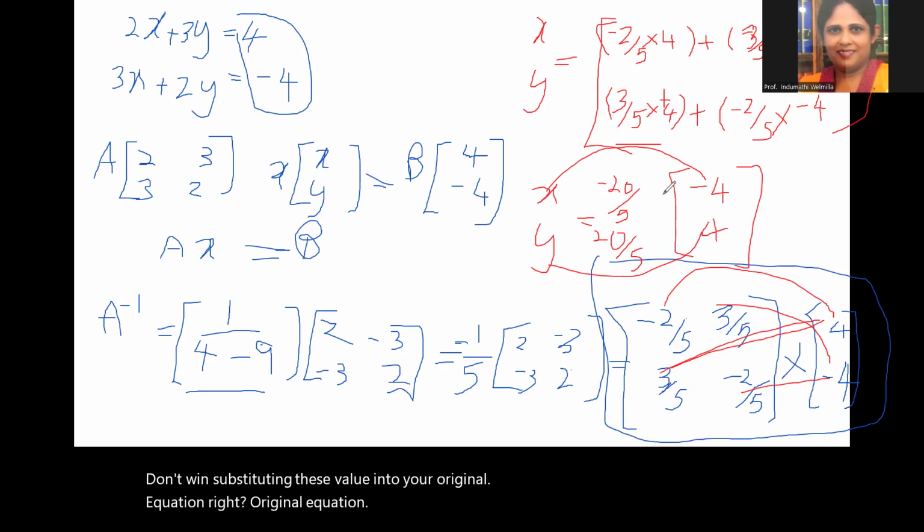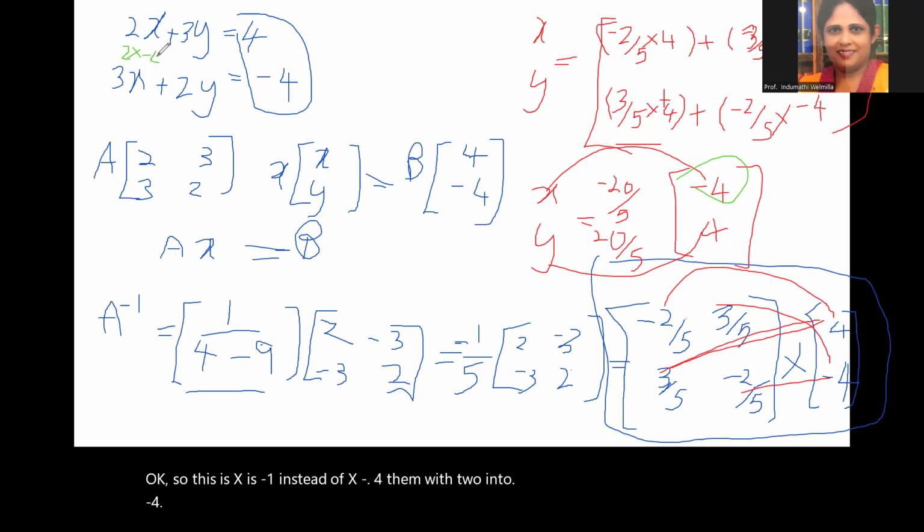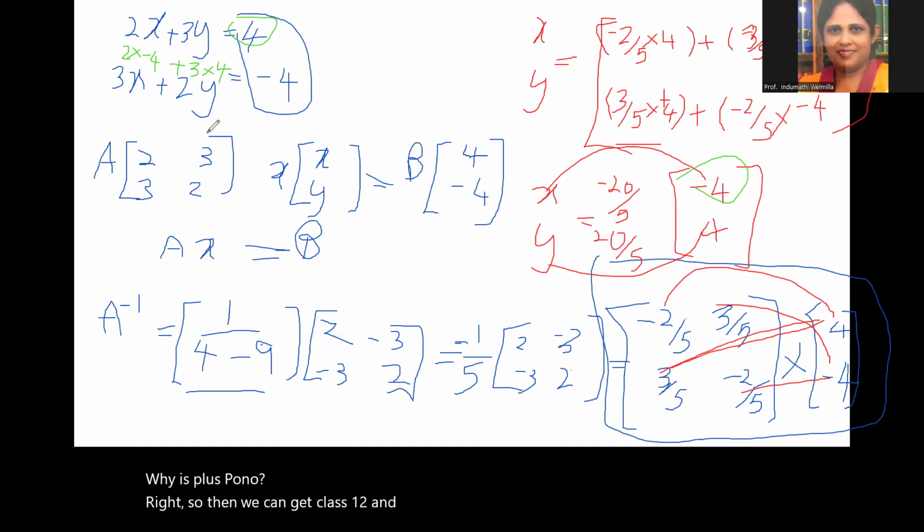So x is minus 4. Instead of x, substituting minus 4, 2 into minus 4 is minus 8, and 3 into y, which is plus 4, gives plus 12. Then minus 8 plus 12 is 4.